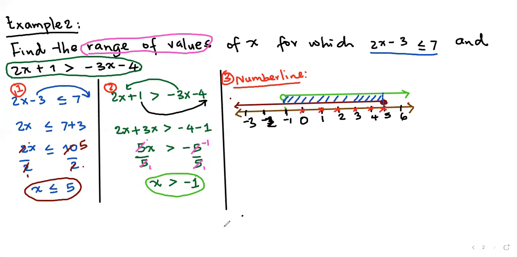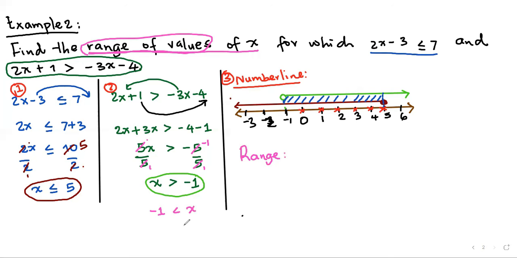Now, let us show the range of values of x. It is always better to start with a negative, or to start with the smallest solution in case you have. So since we have x is more than -1, remember this is the same as -1 is less than x.